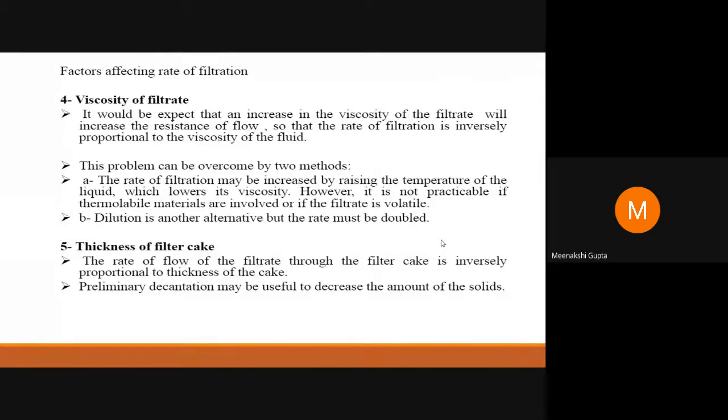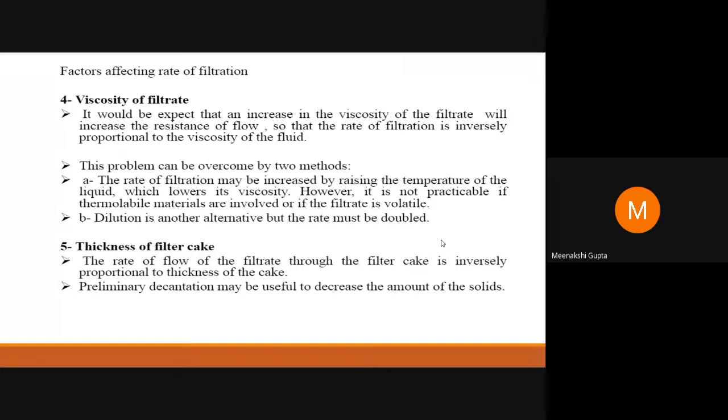Next is the thickness of the filter cake. This can be overcome by removing the filter cake. In continuous filters, you must have seen the rotary drum filter. There is a provision for attaching a blade, and the blade removes the filter cake, so filtration can be done continuously. So we can improve the rate of filtration by removing the filter cake in continuous filters.